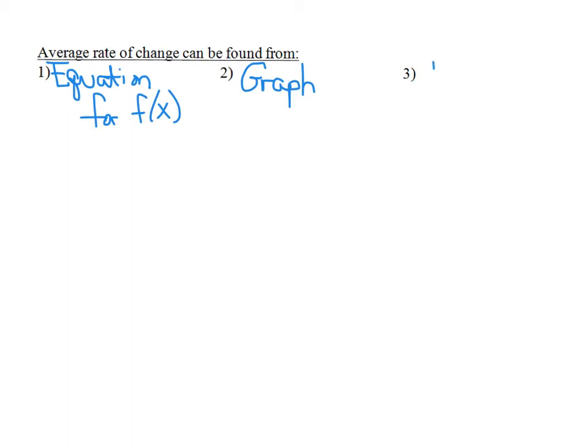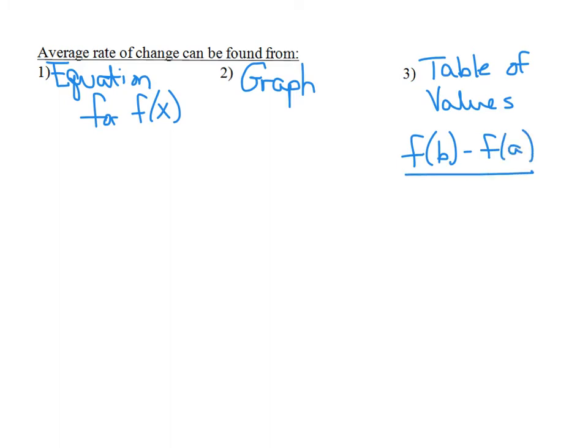Lastly, we could also use a table of values or a list of coordinates. If we have a table of values, we are still going to calculate the average rate of change by doing the formula f of b minus f of a over b minus a. So today we're going to get some practice in calculating average rate of change in all three ways.